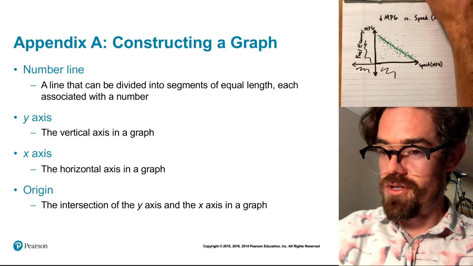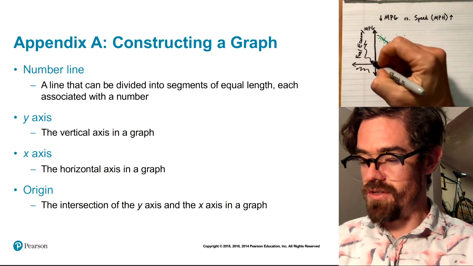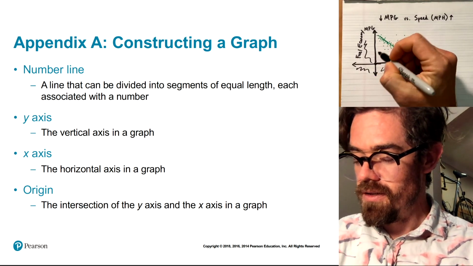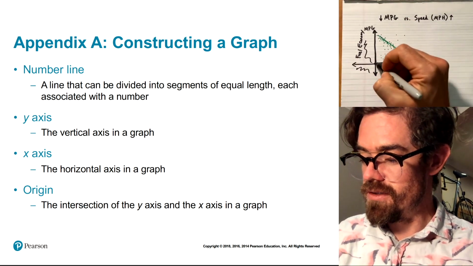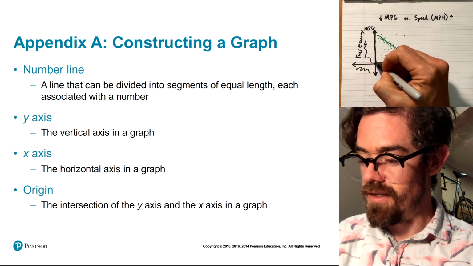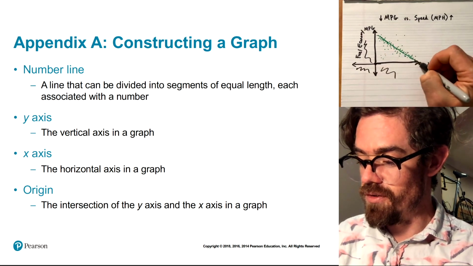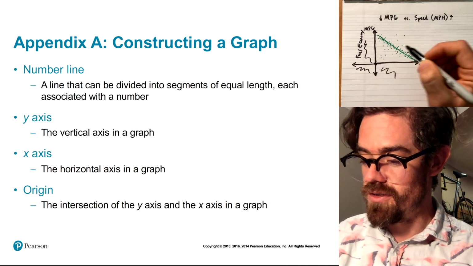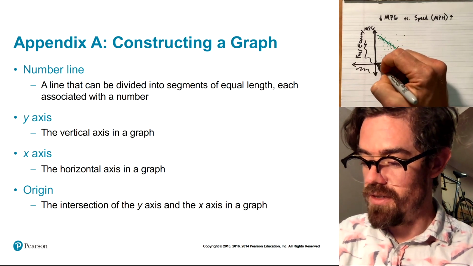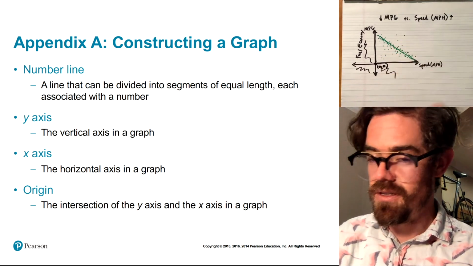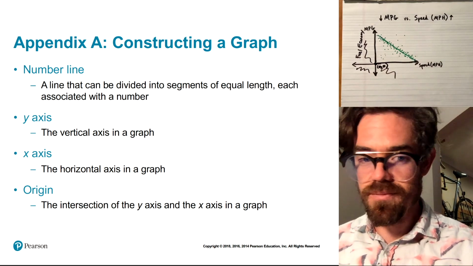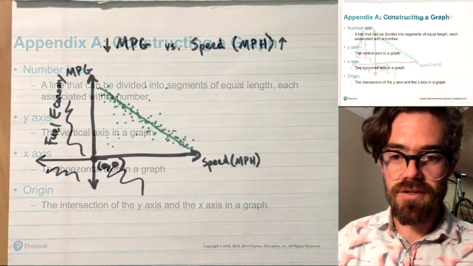Okay. Now the origin. The other thing to point out here is the origin is, of course, where both number lines cross, and that's also 0 on both of these number lines. So the origin is 0, 0, right? The point 0, 0. That's the origin. So let me show you that real quick, right?